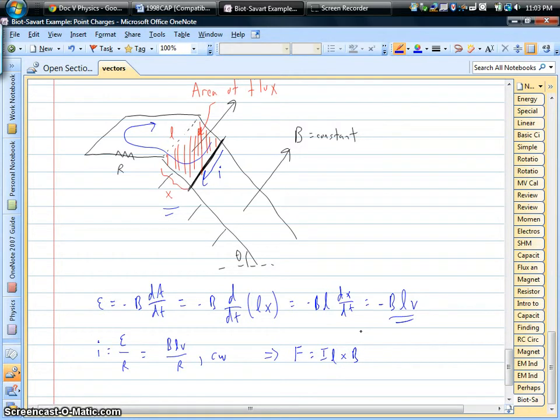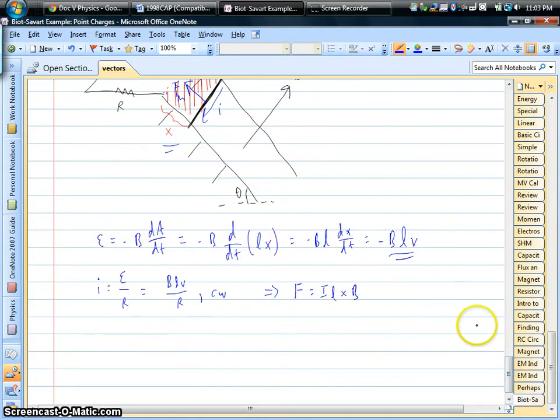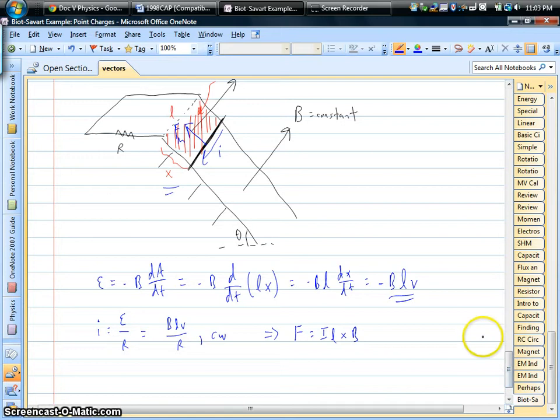Now if we do the I L cross B, if we think of the right-hand rule, the current is kind of like coming towards us. That would be our thumb on our right hand. Our fingers are pointing up in the direction of the magnetic field, going through the hill. That gives us an uphill force. Okay, so there's a magnetic force that goes uphill. That's going to try to slow us down.